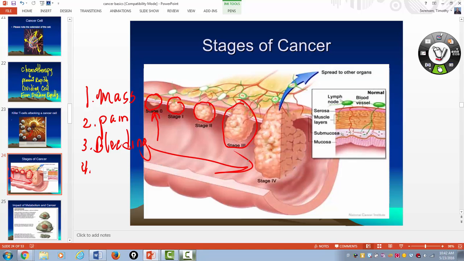That could be that the tumor is growing and blocking the passage of fecal matter. And then the other big one is unexplained weight loss. Each cancer will present itself in a slightly different way, but these are the things that you look for.